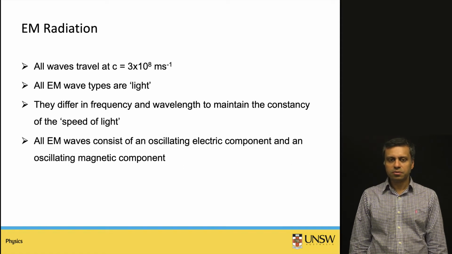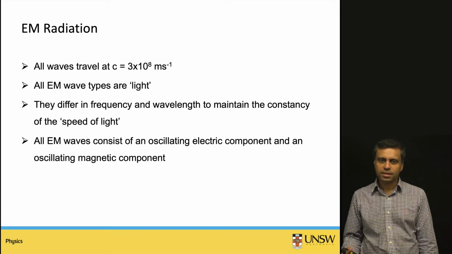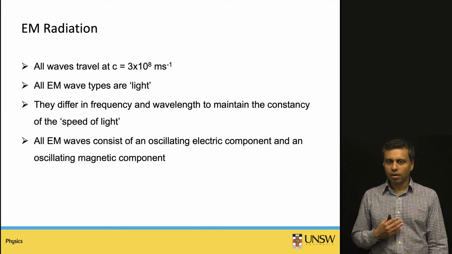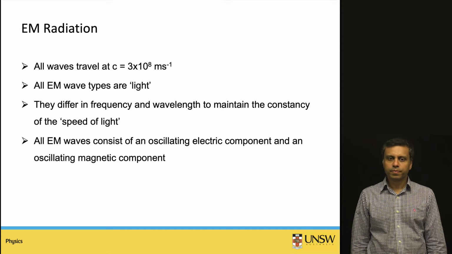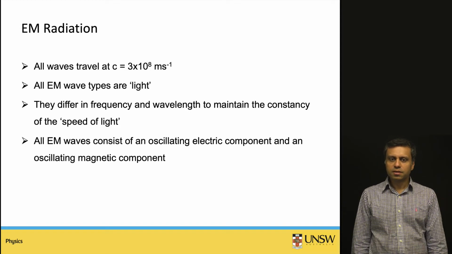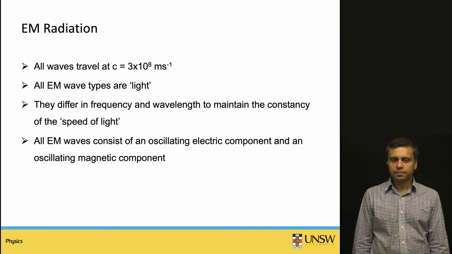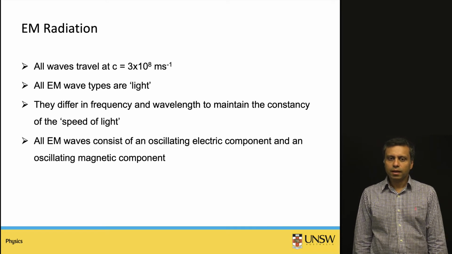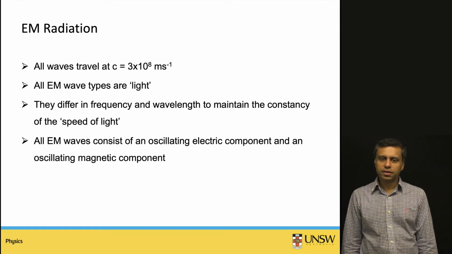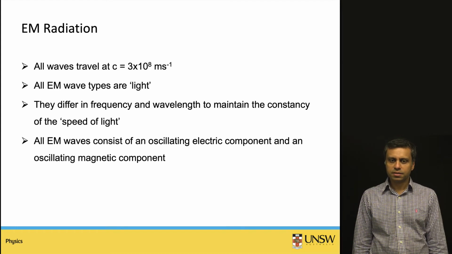There is no distinction between light and any of these other components, for example, X-rays. All are just electromagnetic waves. They differ in frequency and wavelength to maintain the constancy of the speed of light, as we have seen already. And all of these waves consist of oscillating electric and magnetic fields.